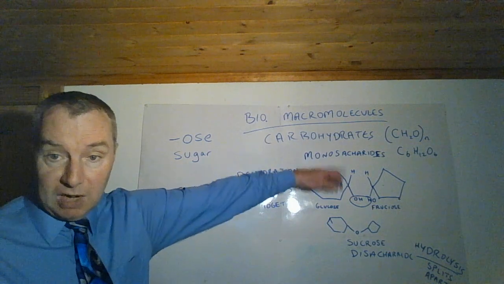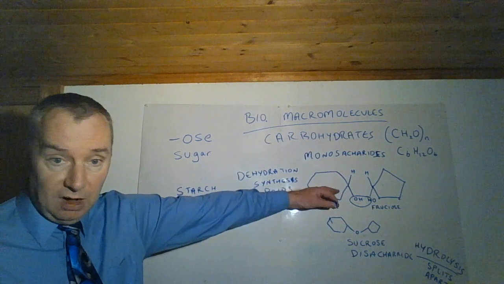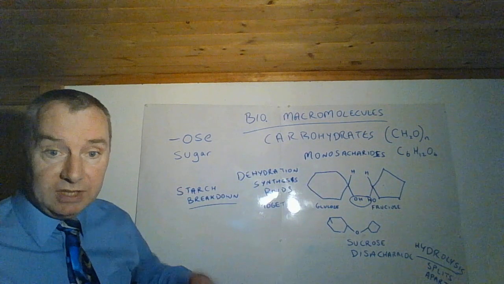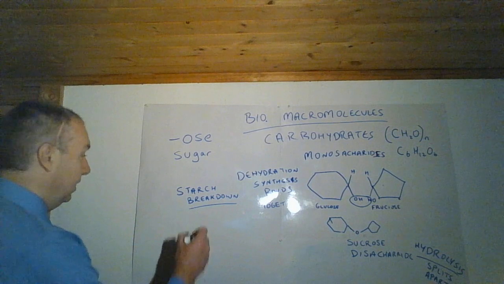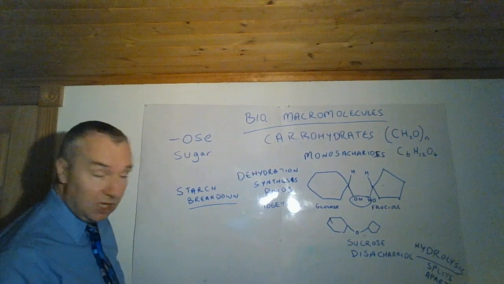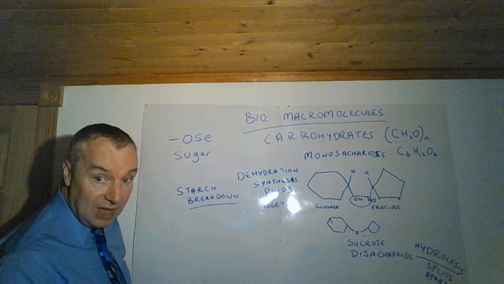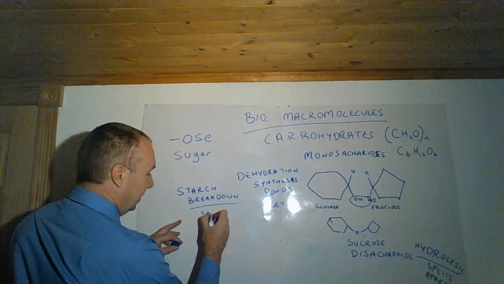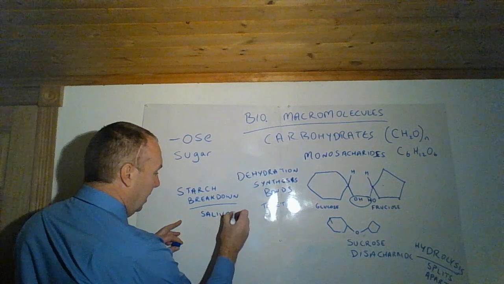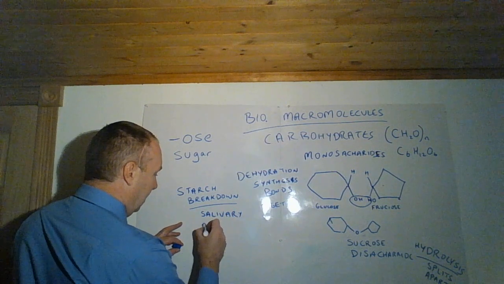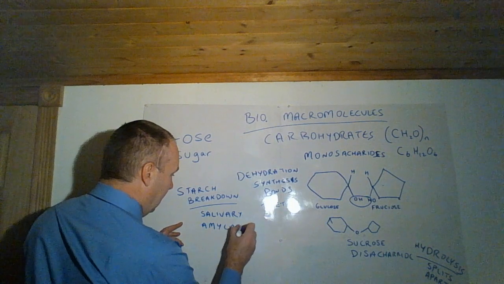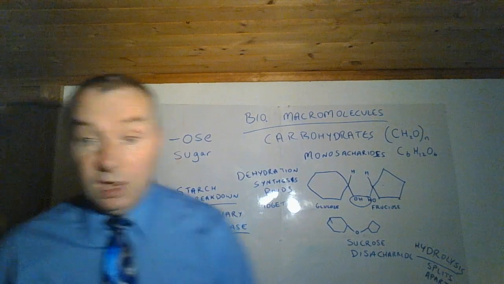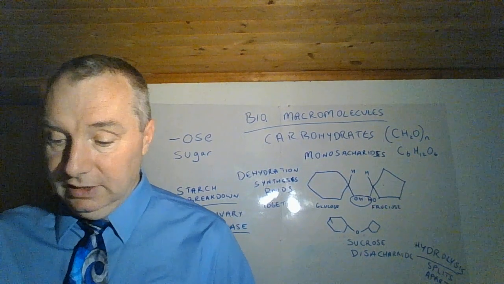These polymers, these long polysaccharides, start to be broken down in the mouth with a specialized protein called an enzyme, and the one that does the starch breakdown in the mouth is called salivary amylase. And you'll see these A's on the back of enzymes. All the enzymes, you'll see A's on the back.